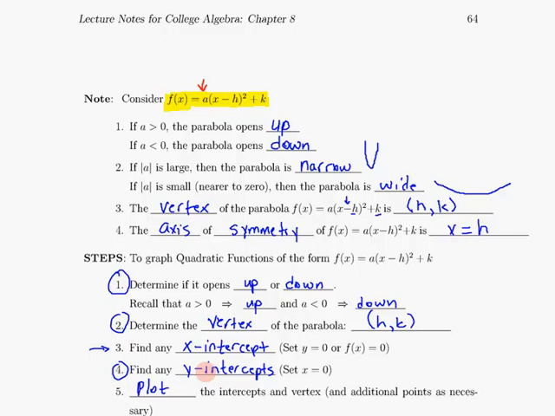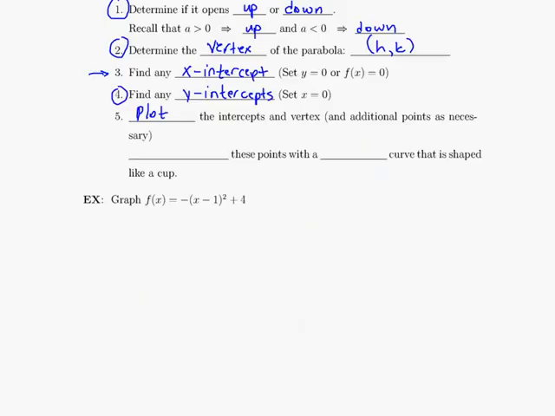But mainly what you need is whether it's up or down, the vertex, and then some intercepts. And whenever you get these things plotted, you're going to connect the points that you've plotted with a smooth curve, shaped like the parabola.